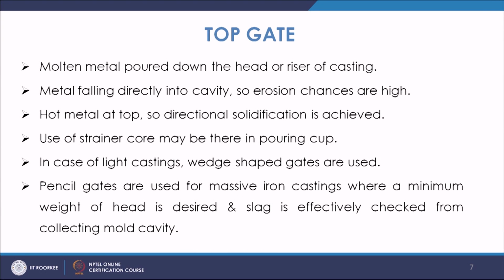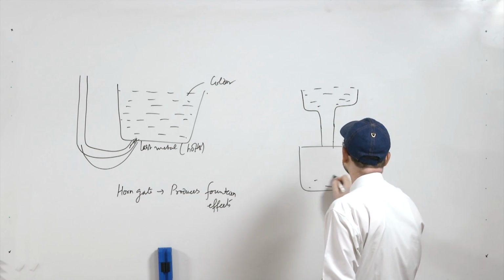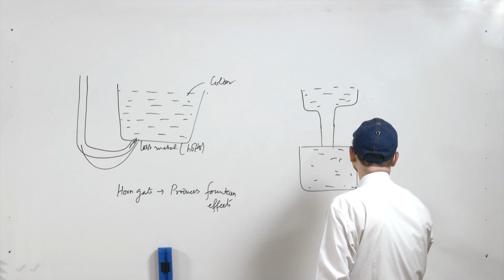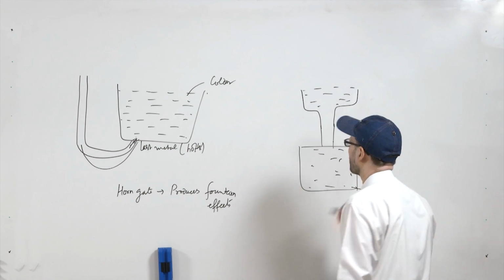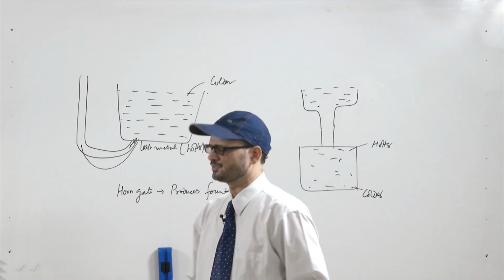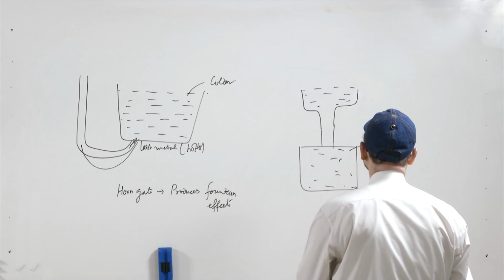Now, the advantage of top gating is that, as we have seen in the bottom gating, you have colder metal at the top and hotter metal at the bottom, but in this case the colder metal will be at the bottom and the hotter metal will be at the top. So, this basically helps in achieving a directional solidification.